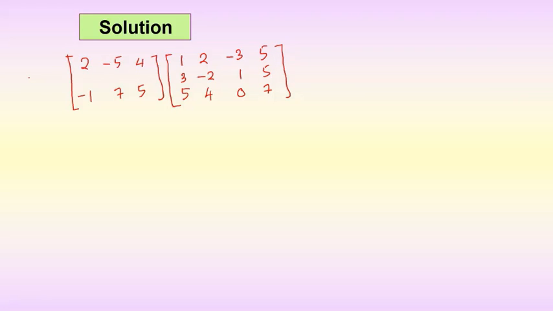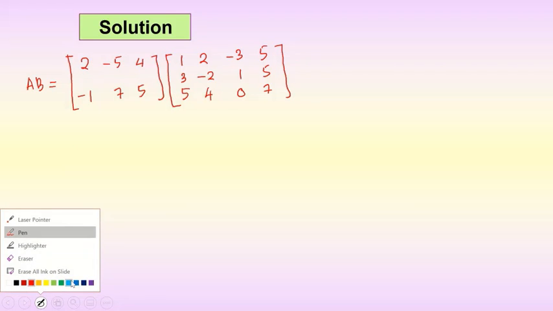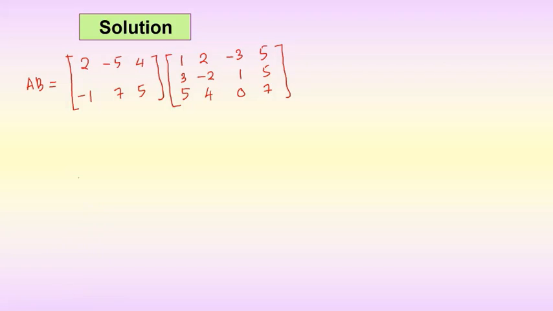Okay, we have to use the dot product operations. First row multiplied with the first column, same as before.